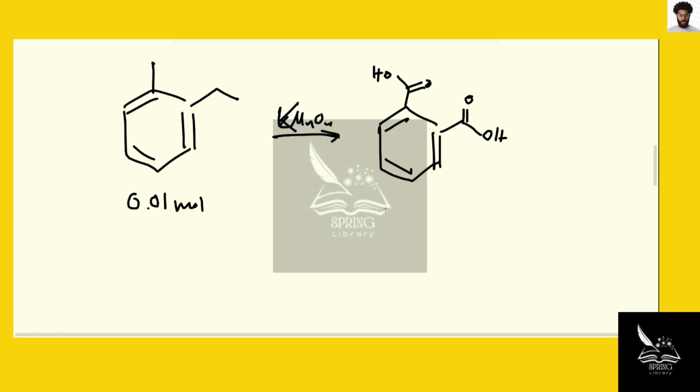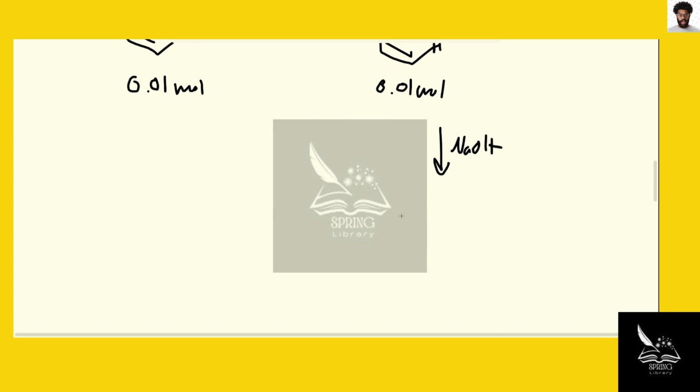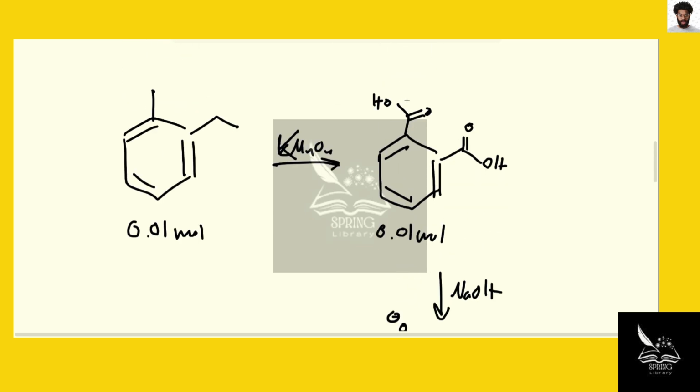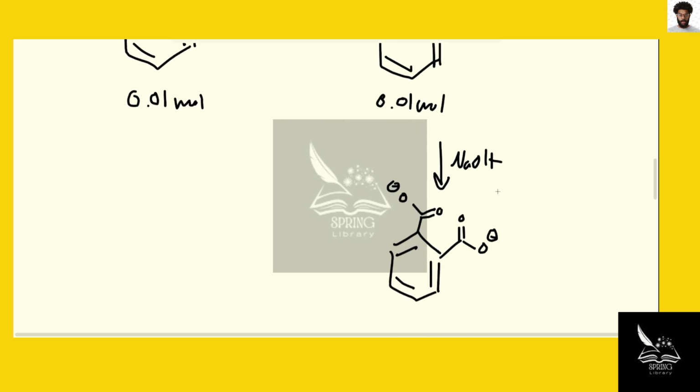And so we had 0.01 moles of this. To neutralize it, how many moles of base do you think it would take to deprotonate all of these carboxylic acids? Well, if we had 1 mole and there were 2 acids, 2 OH groups, then we should expect this would take 2 moles, or 0.02 moles.